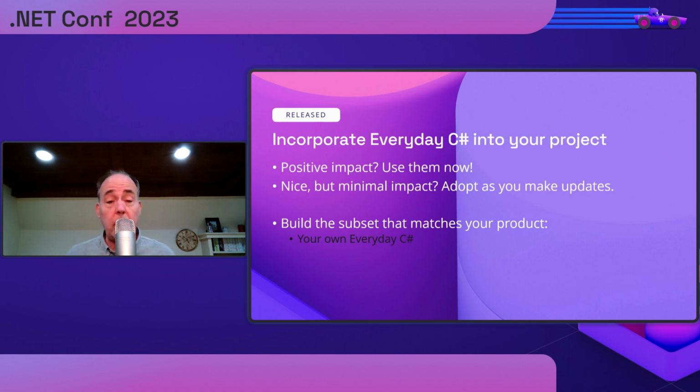If that's really important for your product, you should add those and say, we're going to go all in on the perf stuff because maybe our app does a great deal of numeric processing or whatever, and we're working with large data sets and I really need that. Or maybe you definitely don't want something we're recommending in general. That's totally up to you. So build a subset that matches your own everyday C#.